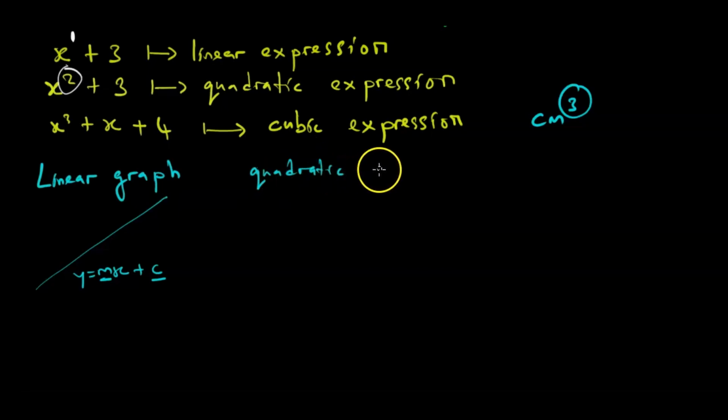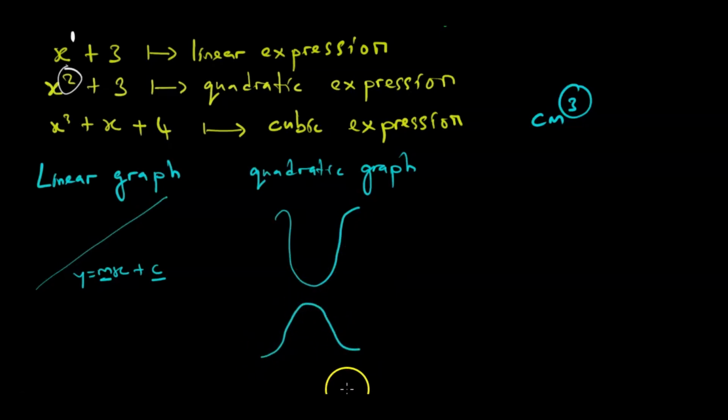Then when we go to the quadratic expression, the quadratic expression gives us the quadratic graph. We draw graphs like this, and sometimes it comes like this. You see? That is a quadratic graph. We are also going to look at those graphs when we discuss quadratics as a topic. It also falls under algebra in our syllabus, which is the ZIMSEC, Zimbabwe Schools Examination Council syllabus.